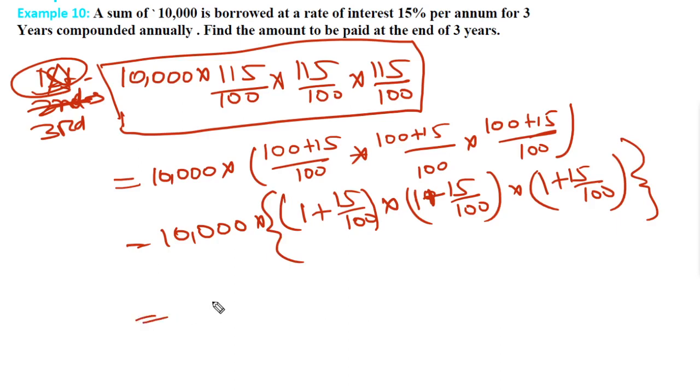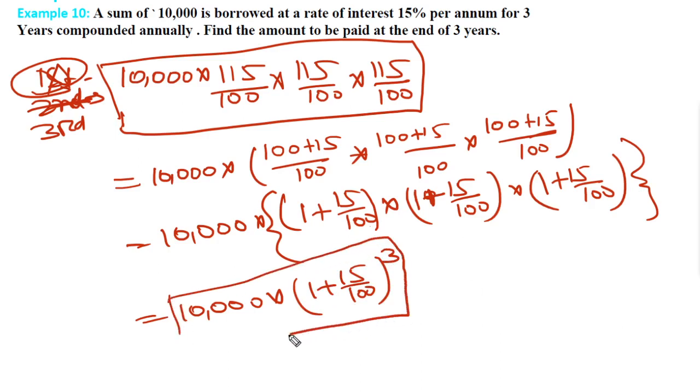It will be equal to like this: 10,000 into 1 plus 15 by 100, into 1 plus 15 by 100, into 1 plus 15 by 100. We can write it like this: 1 plus 15 by 100 to the power 3. 3 times it has been multiplied. So this will become a formula, but we will write it in terms of some terms.